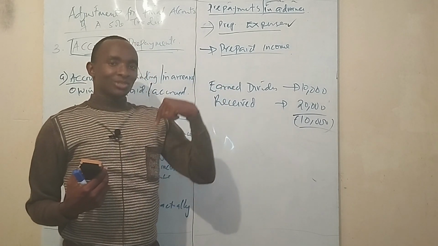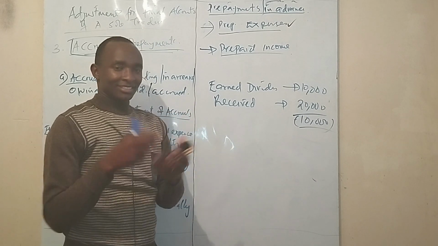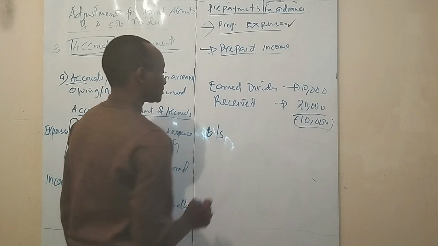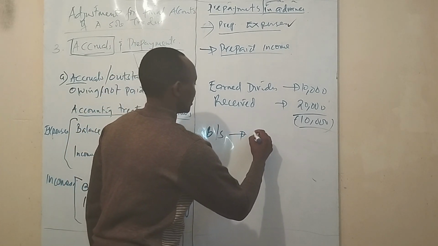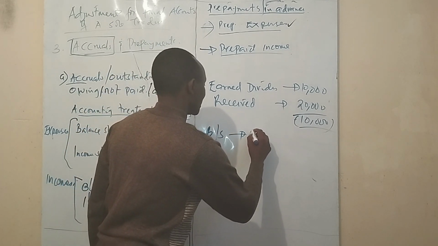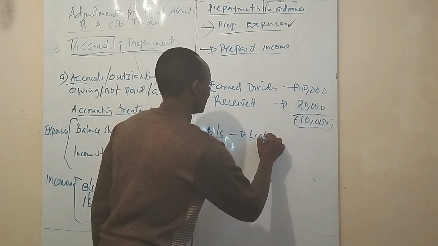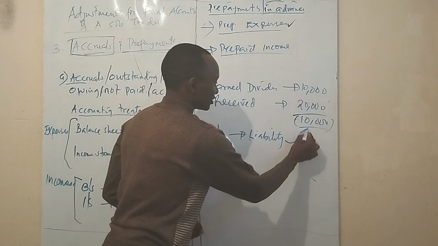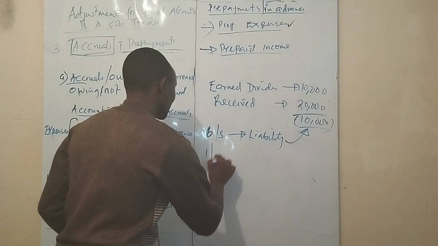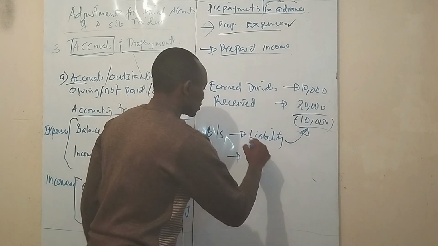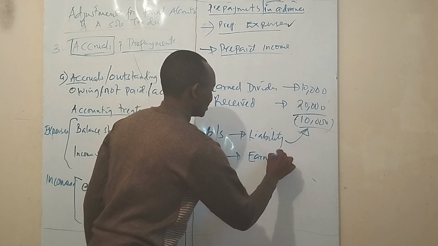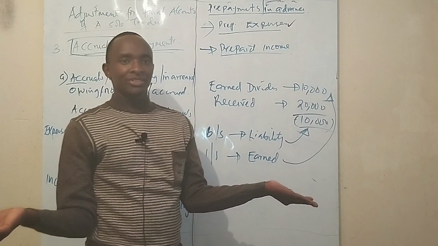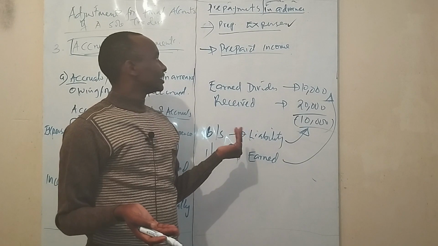Kitu ambacho sio changu is a liability. So in the balance sheet, the balance is going to be treated as a liability. That 10,000 is a liability. And then in the income statement, you are going to take what was actually earned. What was actually earned here is 10,000. Period. That is how to treat the same.